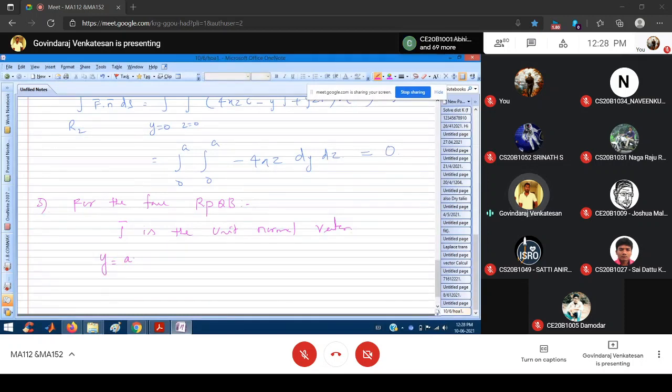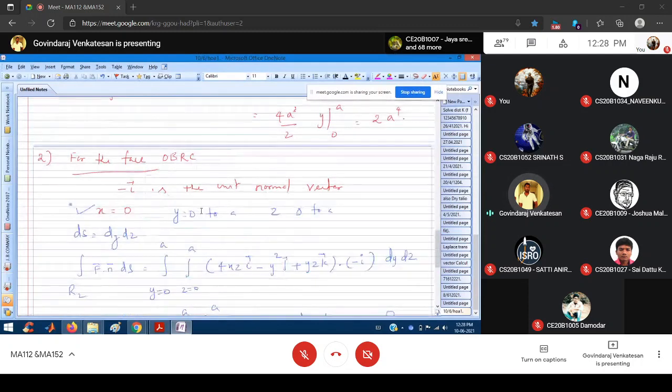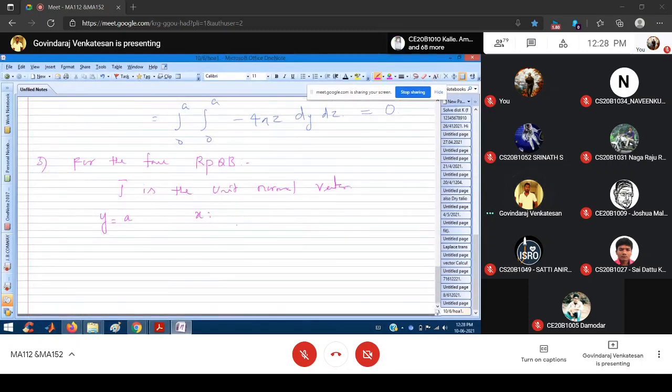The value of y at the surface is a. What about the value of x? X is varying from 0 to a, and z is also varying from 0 to a. What about our dS? dS is only in the variation dx and dz.